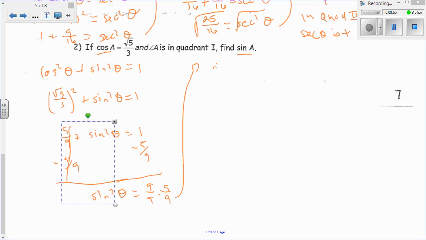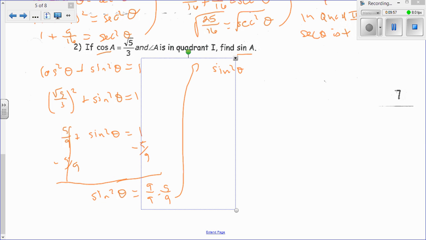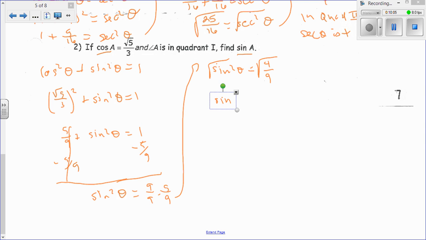So we have sine squared theta equals 4/9. Then take the square root just to get sine theta, and that becomes plus or minus 2/3. We're in quadrant 1, so everything's positive in 1. So sine A is equal to 2/3.